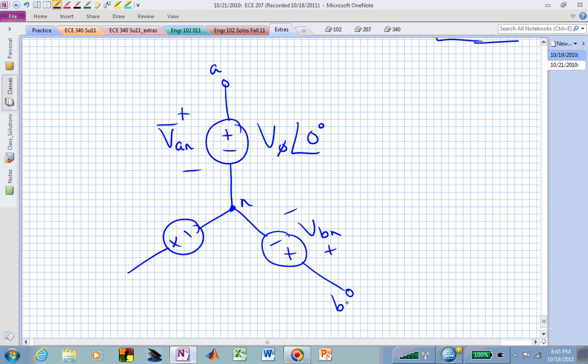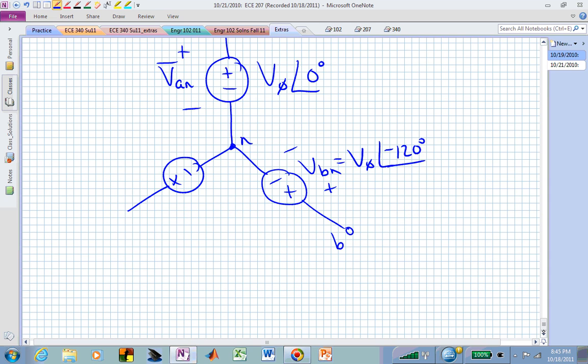Here's the B terminal. And this one was V sub phi at an angle of minus 120 degrees. This is now minus plus V sub CN, and that's between this particular terminal C and the neutral connector N.